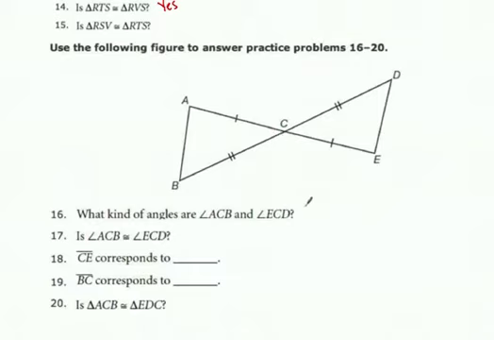So angle ACB and angle ECD are vertical angles. Remember that vertical angles are a special type of angle pair that are congruent. So that means angle ACB is congruent to angle ECD.